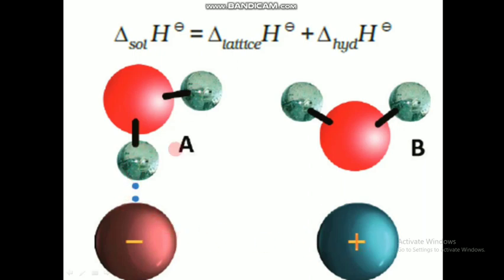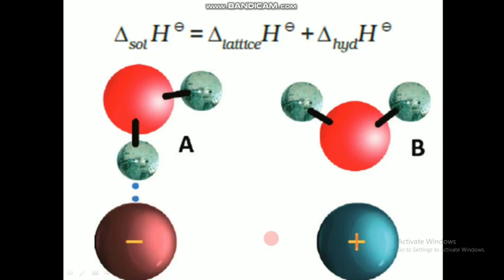This formation of a cluster around the positive and negative ions is known as hydration, and this process first needs the breakage of the small interaction between H2O molecules and then formation of interaction with the ions. So all this needs energy, and this particular enthalpy involved with the hydration is known as hydration enthalpy.